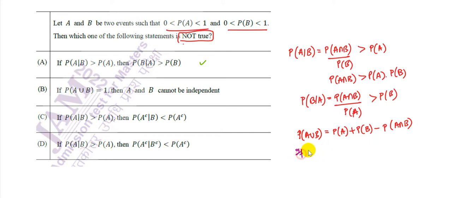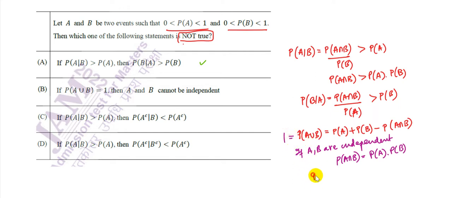So if A and B are independent, then probability of A intersection B will be equal to probability of A into probability of B. So therefore you get probability of A union B, which is 1.